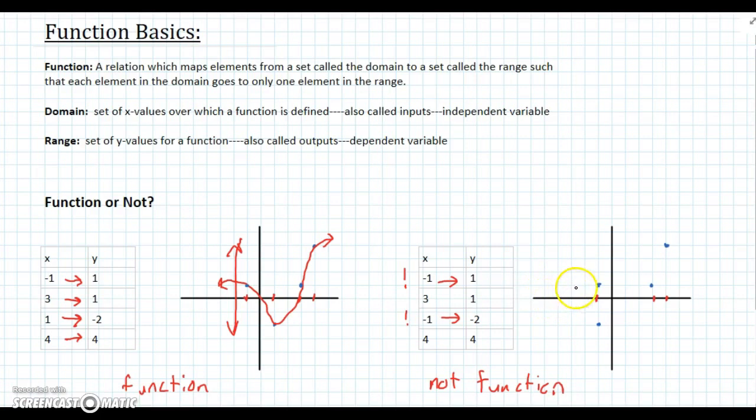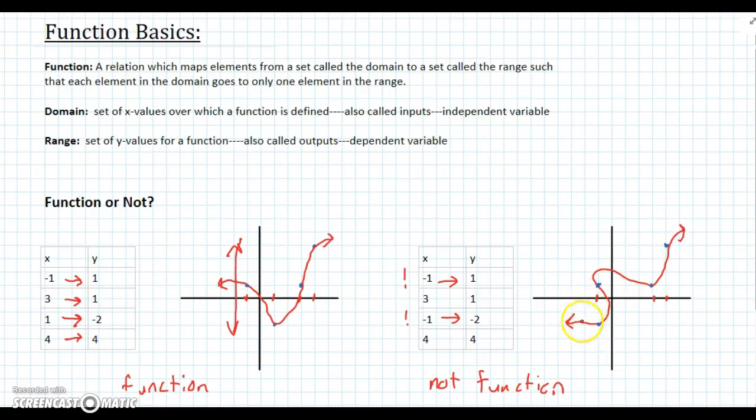Now over here, you might have a graph that looks like, I don't know. If we fill it in, all right, there we go.